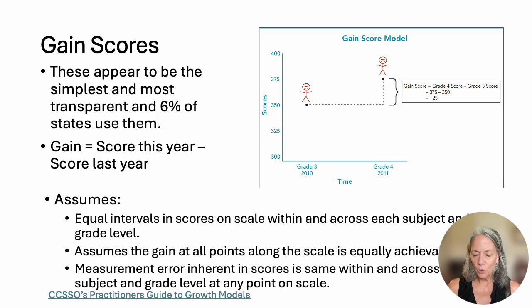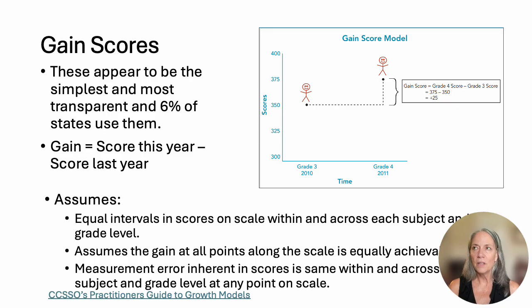Equal intervals in the scores on the scale within and across each subject and across the grade levels. That's difficult to do even in a highly technical scale. This also assumes that the gain at all points along the scale is equally achievable.